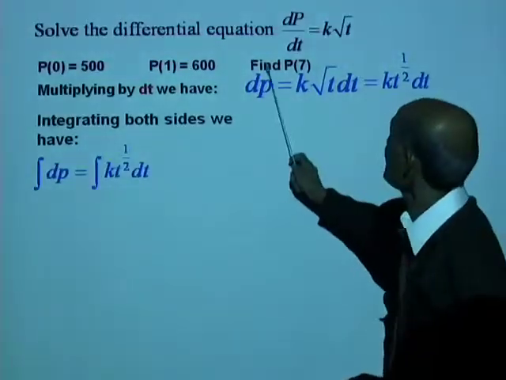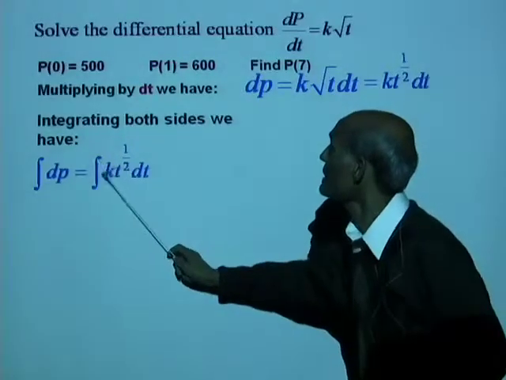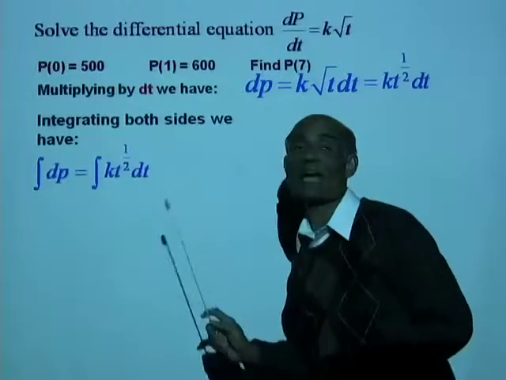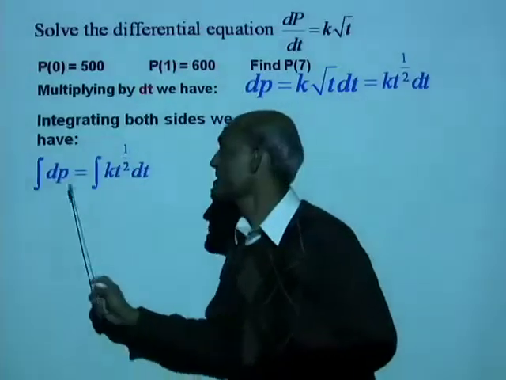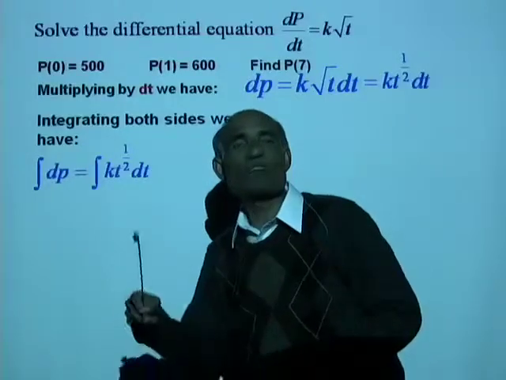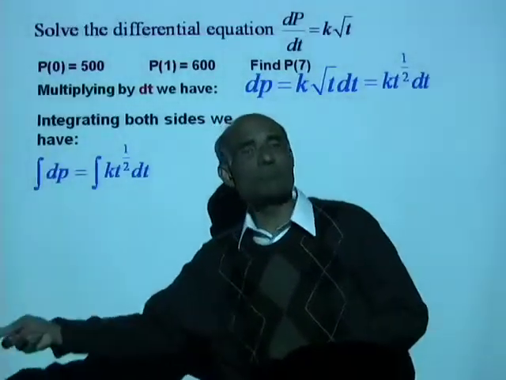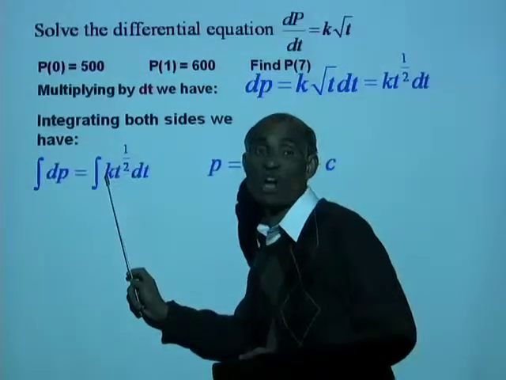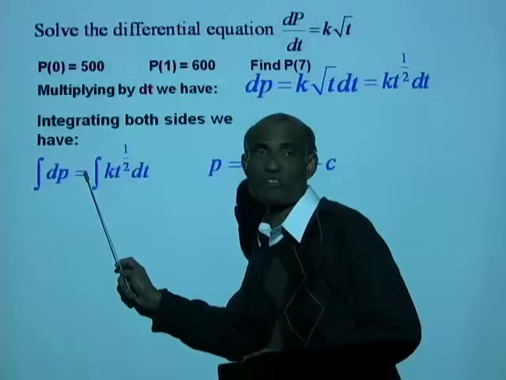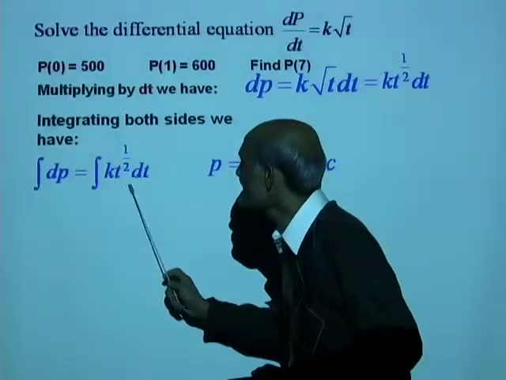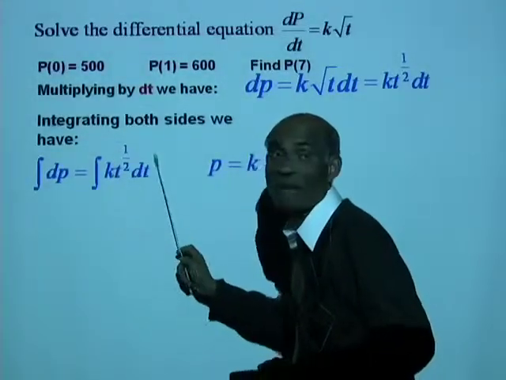Integral of dp, that's the left hand side, is integral of k t to the power of 1/2 dt. Tell me, what is integral of dp? Integral of 1 dp is p. So we get p equal to, k is a constant that we can bring out of the integral, k times integral t to the power of 1/2 dt.